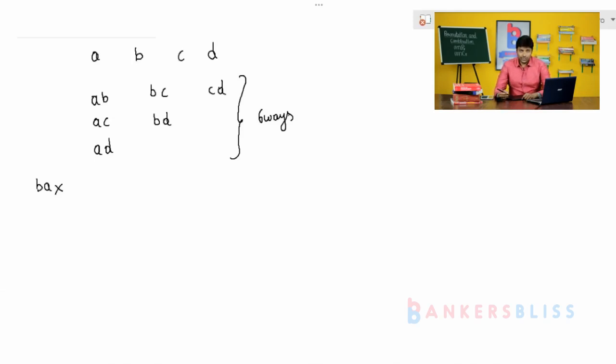Now my question is, here 4 items are there, among 4 items we have to select 2, that's fine. But if the items are 40 and I have to select 20, then how many ways are there? If items are 50 and I have to select 5 among 50, then how many ways are there?